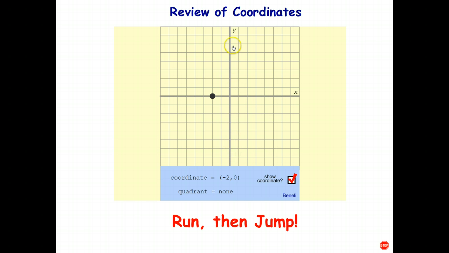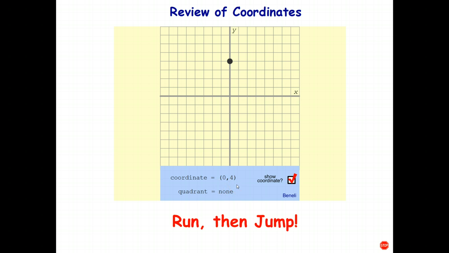What if we have a point on the y-axis? Well, let's pick that point. In this case, I'm running nowhere, so my x-coordinate's 0, and I'm jumping up 4 units, so the coordinates there are 0, 4. Quick check, that's correct. And once again, we're not in a quadrant.